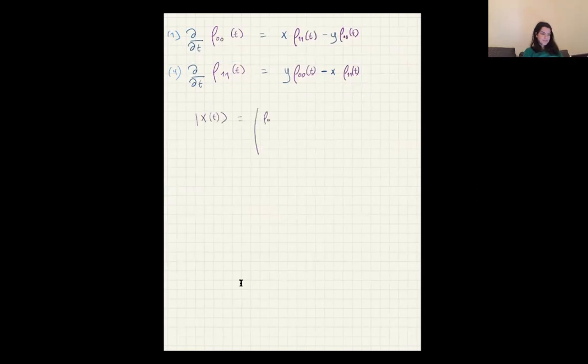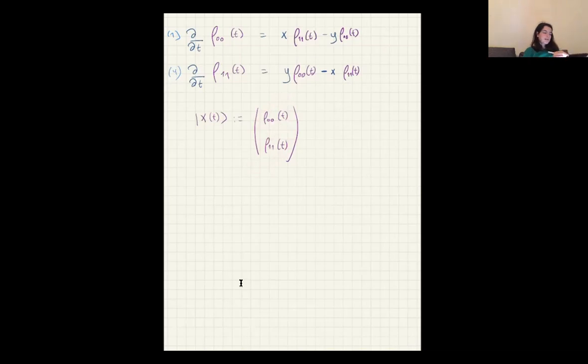This is going to be my rho 0,0 of t, rho 1,1 of t. Okay. I'm not doing anything. I'm just taking these two variables and arranging them in a vector like this. It's not normalized in particular because we know that the sum of them adds up to 1, which is not a normalization condition for vectors in Hilbert spaces, but it's just a vector. Don't think of it as a cat, just a vector.